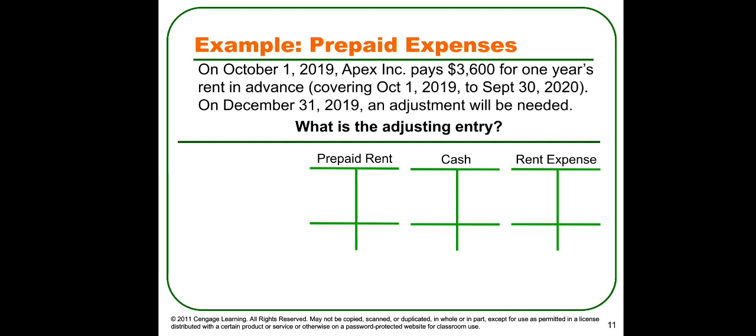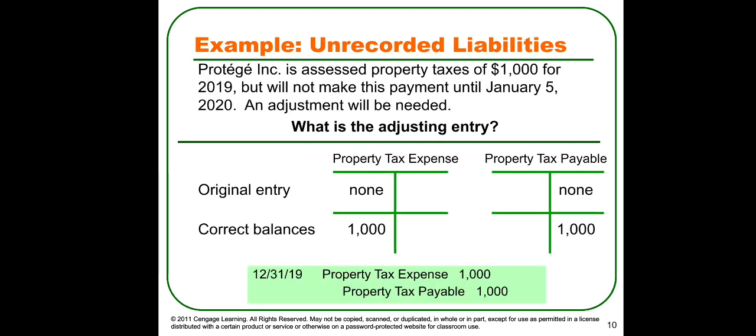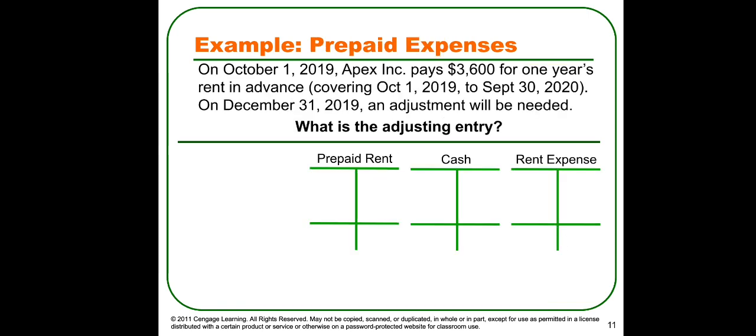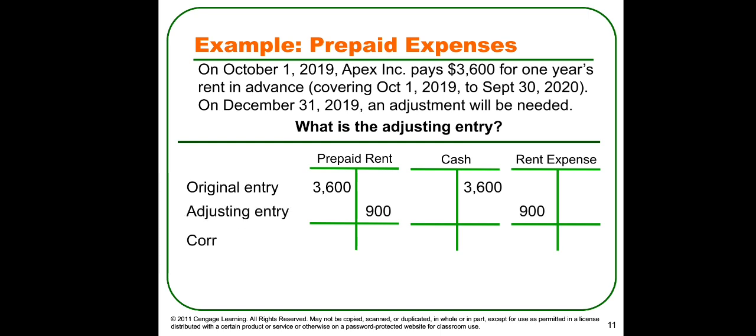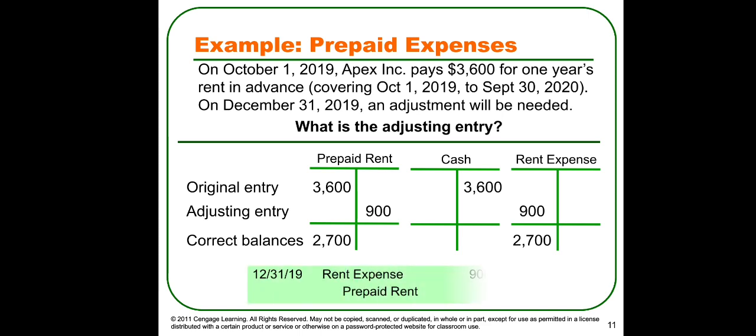So to do this adjusted entry, you have to follow the 3 steps that you have seen in the previous slide. First, you have to know what is the journal entry when the business pays the rent.